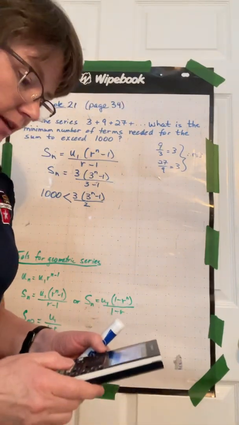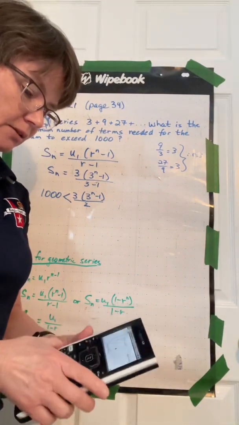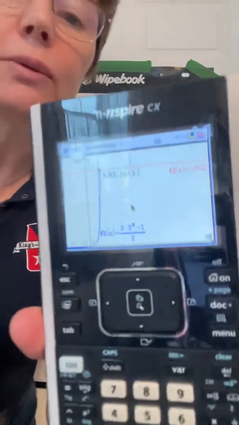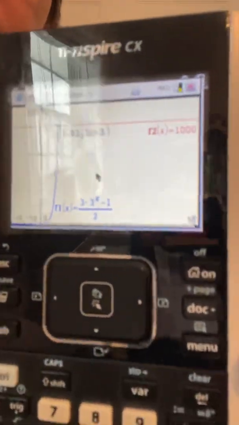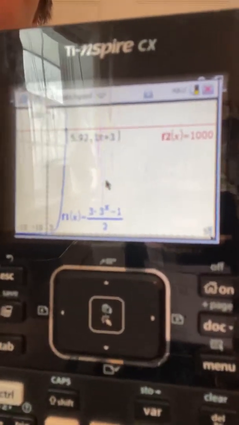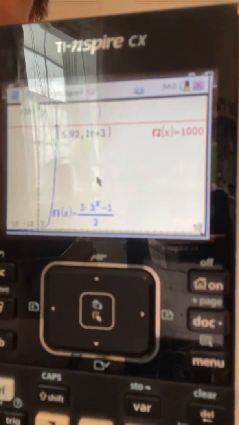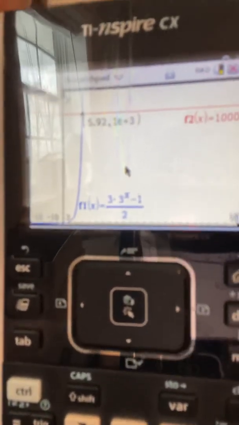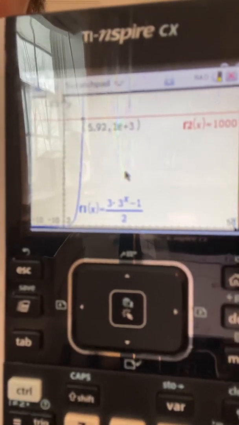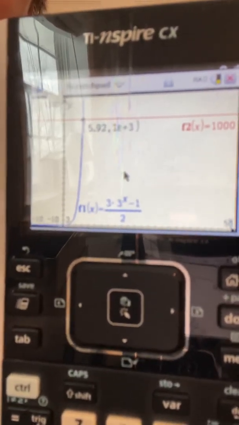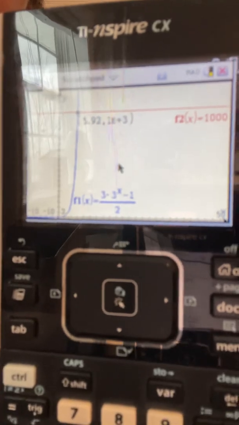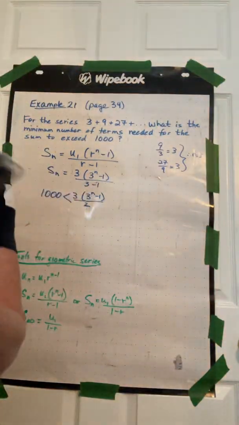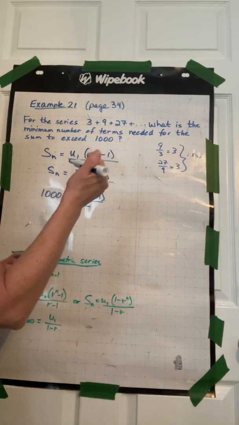And when you do that, and if you zoom in or change your window, you will see that we have 2 graphs there, the straight line, obviously, y equals 1,000, and then your exponential curve. Now, where they intersect is what we're looking for, and that intersection for the x coordinate is 5.92. All right, which would be what we're looking for.